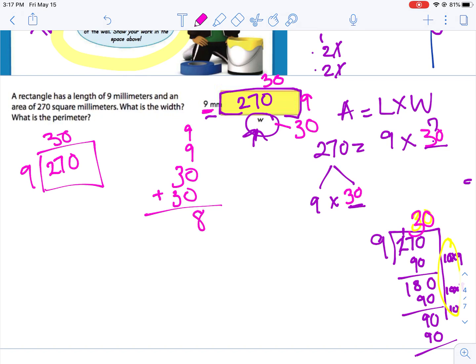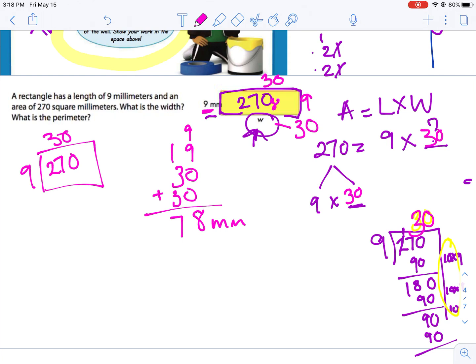So we've got the 8 here, bring the 1 over here, and we've got 6, 7, so 78. So all together, the perimeter is 78 millimeters.